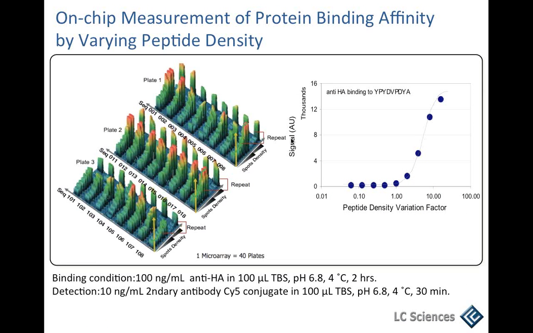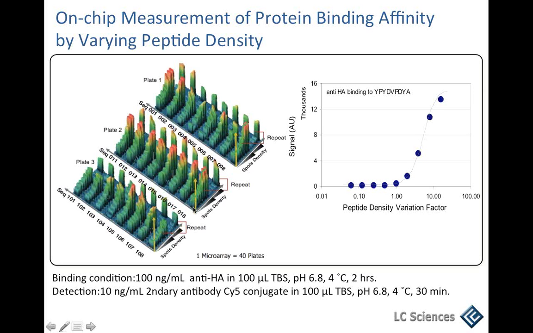And the way this works is that we vary, in this case, the peptide density or concentration on the chip. So what is shown here on the left are basically individual wells on the chip. And as you can see here, the peptide concentration is increasing towards the back.